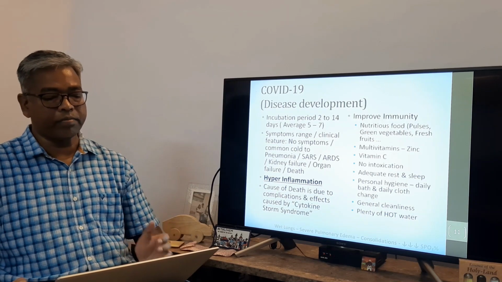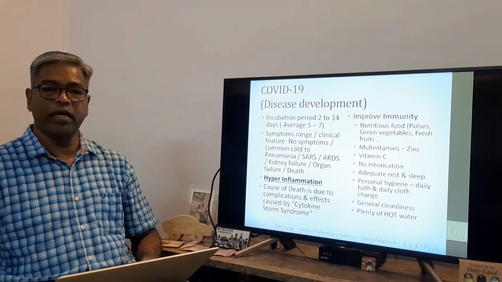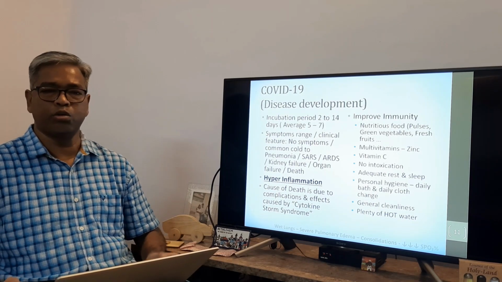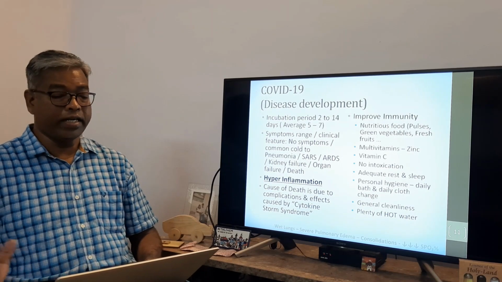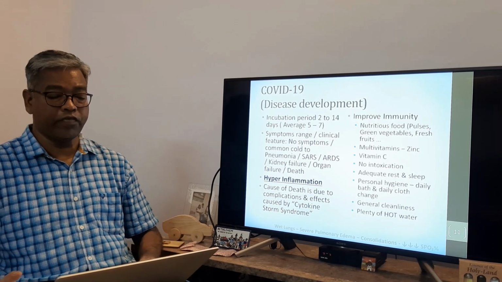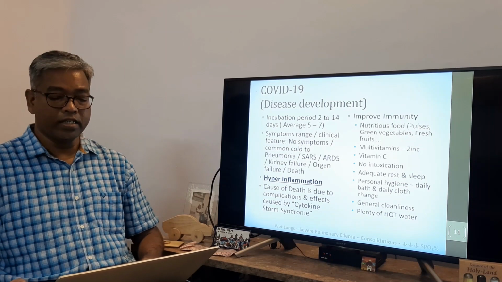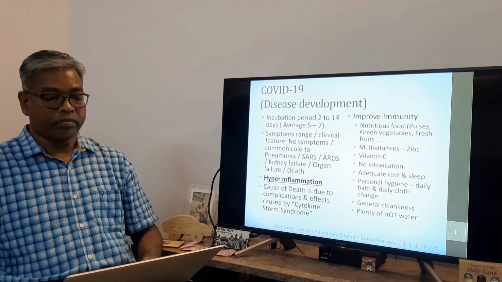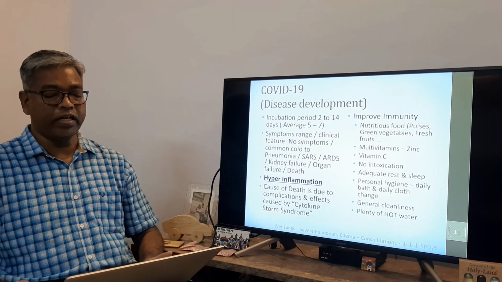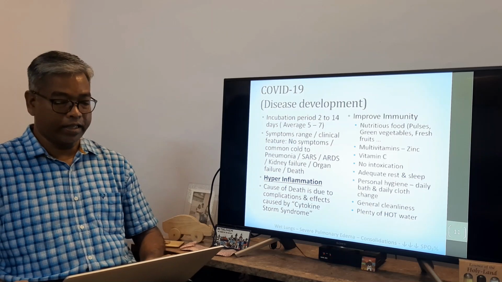The mild symptoms will be like a common cold, a little sore throat and a feverish feel. But then it can go up to the severe forms, which are pneumonia and severe acute respiratory syndrome, or ARDS as we say, and then kidney failure, organ failure, death.